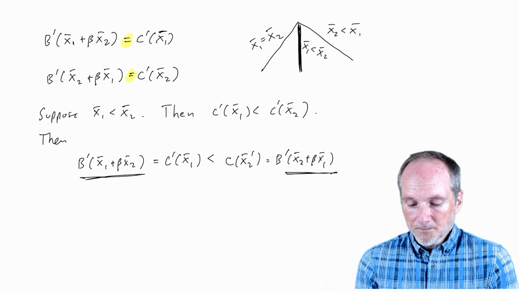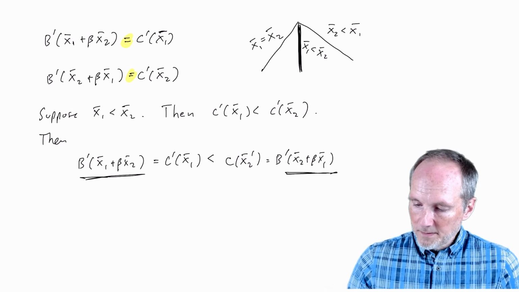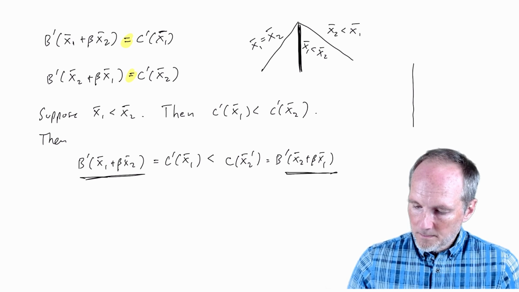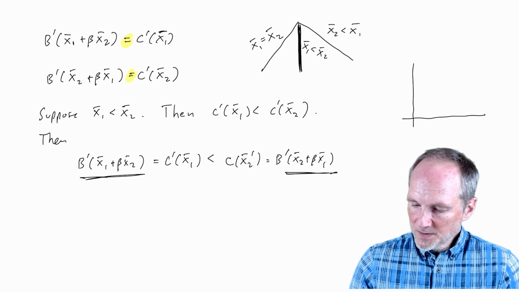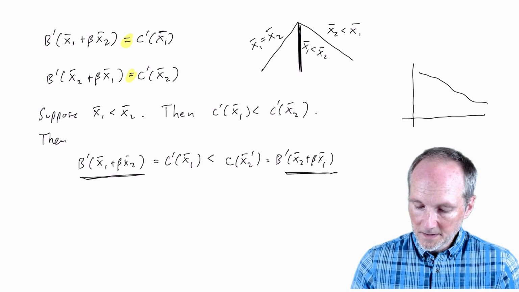So if we draw it up here, here's this marginal benefit function. It's decreasing.